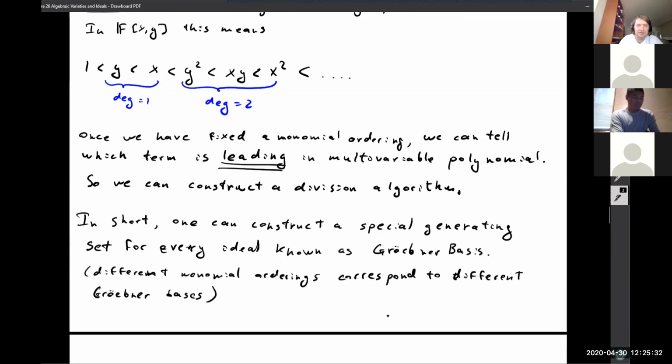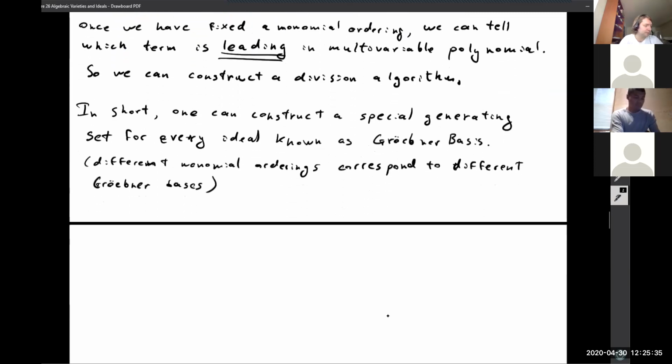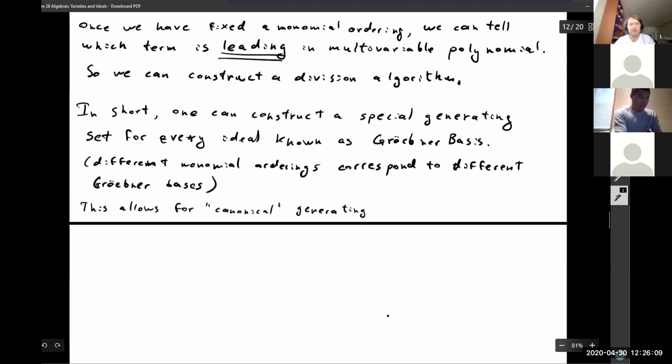I don't really want to go into all the details. So let's say this allows for a canonical generating set for every ideal.